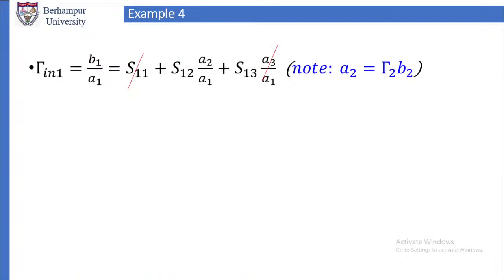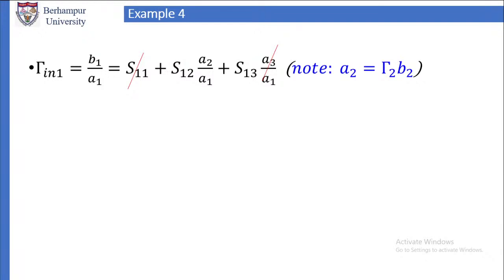Then gamma in 1 is equal to B1 by A1, that is S11 plus S12 A2 by A1 plus S13 A3 by A1. Now A3 is equal to 0. From the S matrix, S11 is equal to 0. So gamma in 1 is equal to B1 by A1, which is equal to S12 into A2 by A1.